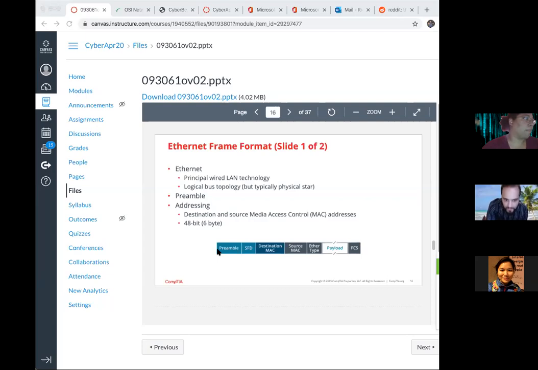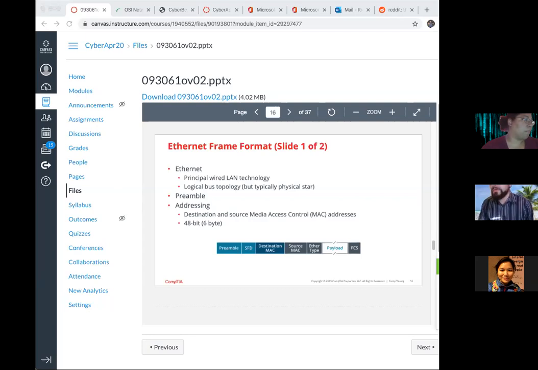The preamble is going to have 8 bytes alternating zeros and ones, and the start frame delimiter is going to have 2 ones at the end. We just need to know that the preamble is basically to help with the collision stuff.